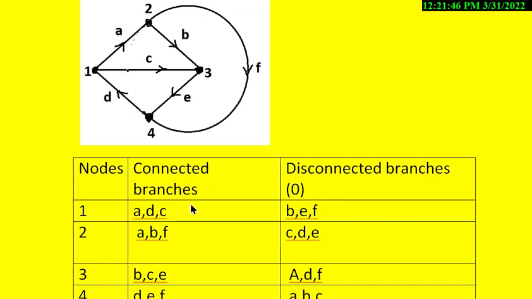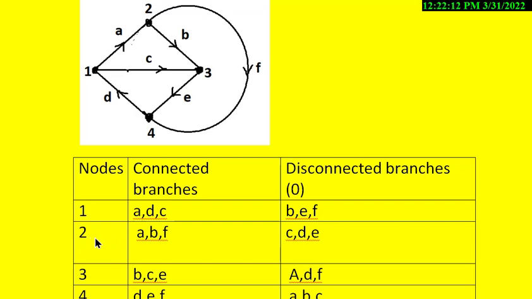Whereas for the connected ones, we put plus 1 or minus 1 depending upon the orientation of the current in the branch with respect to the node. If the current goes away from the node, we put plus 1. If the current flows towards the node under consideration, then we put negative.